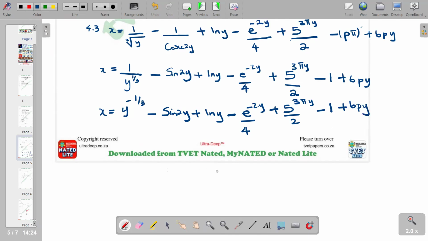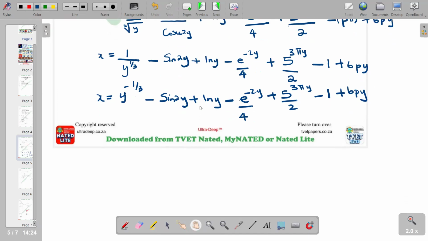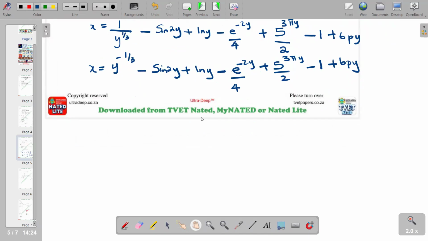From here you can start differentiating, because everything is in a format that can be differentiated. Therefore we can now determine dx/dy.